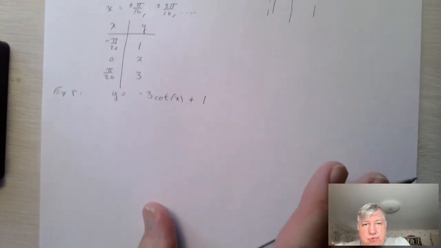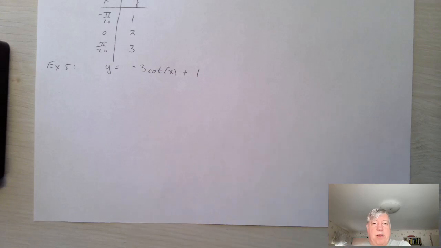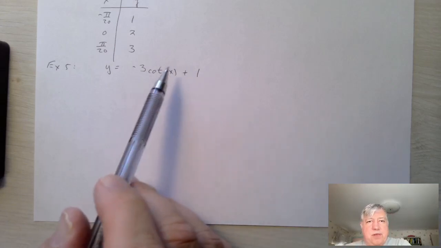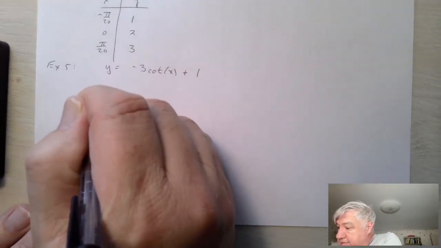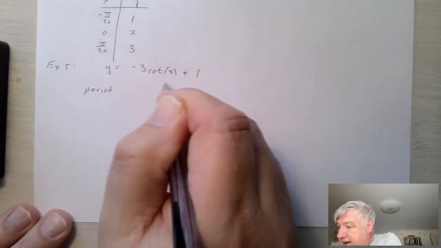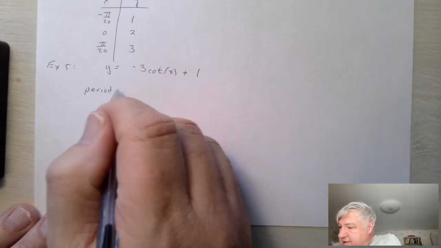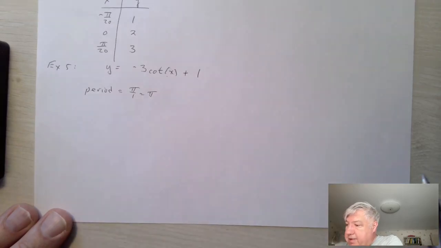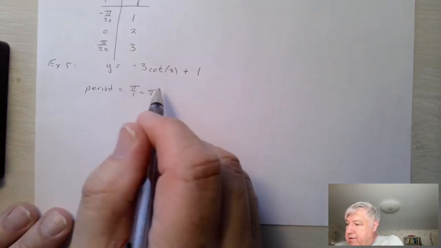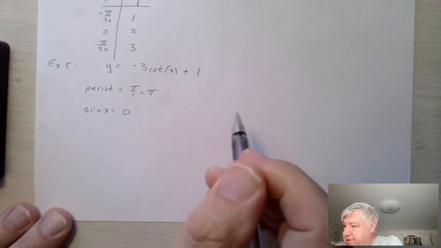And then I'll let you do, I'll pause the video. Maybe I won't. Let's look at this negative 3 cotangent of x plus 1. And see the period will be pi. Again, this is a 1x here, so period is pi divided by 1, which is just pi. And this is undefined when the sine of x equals 0.